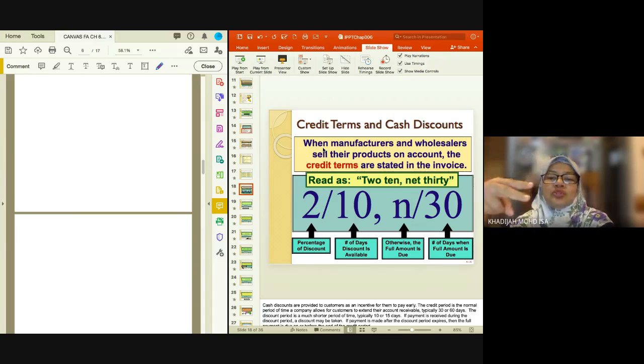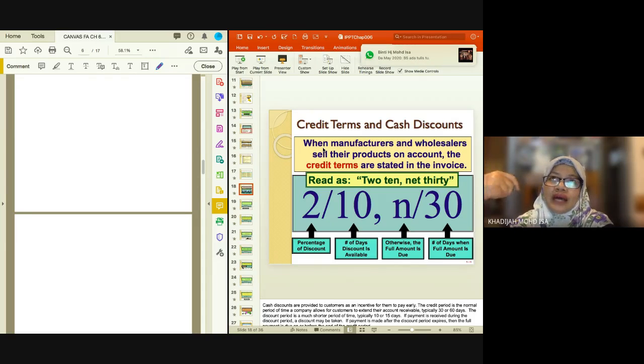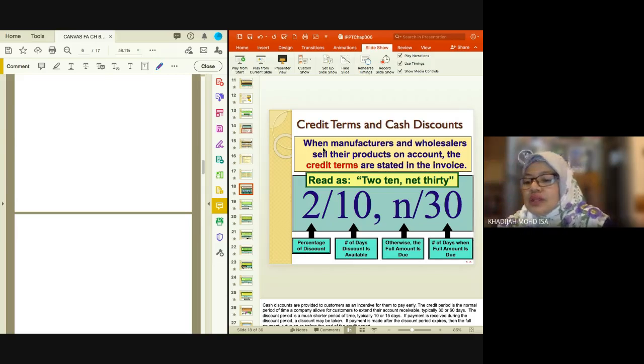Because why? Because the discount is 2%. 2% of 100 is 2 ringgit. That's why you only have to pay 98. So how are you going to record that?